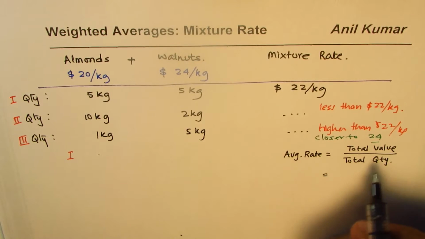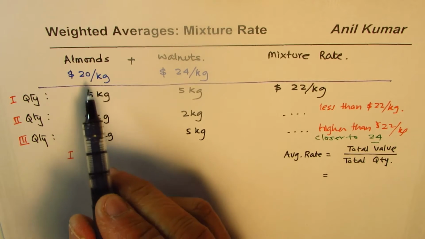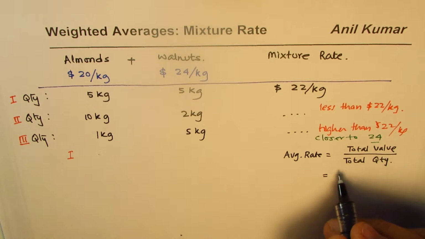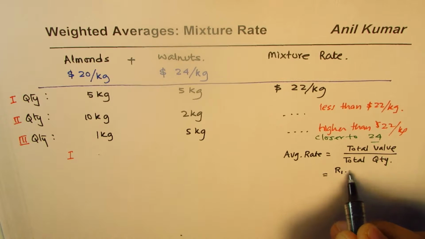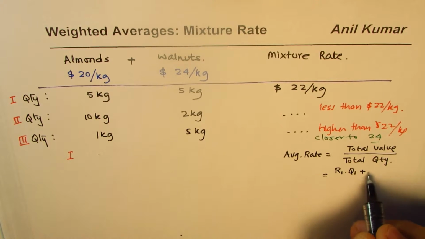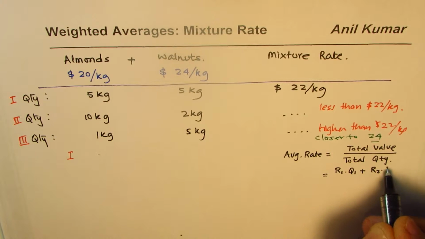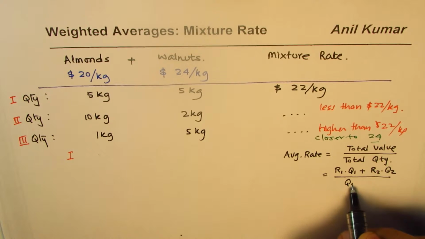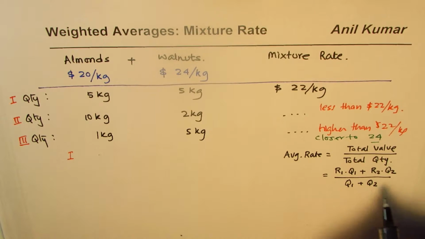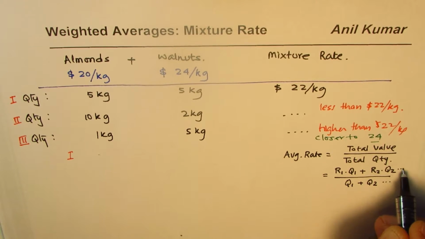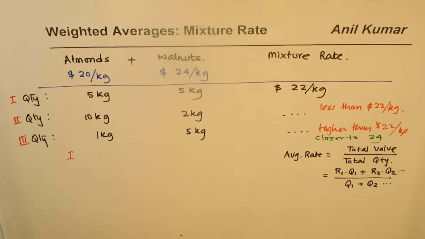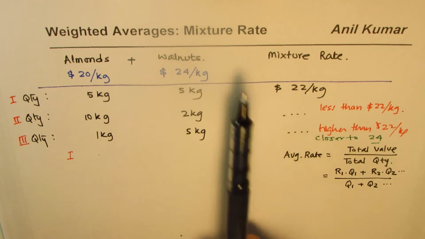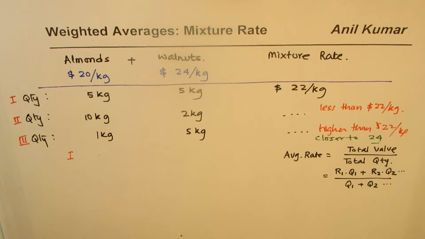You get total value by multiplying rate with quantity. So we say rate of 1 times quantity of 1 plus rate of the second item times quantity of the second item, divided by the sum of quantities of the first and second item. This series can be extended. You can always add more than one item in a mixture, so you can add cranberries or anything else if you want. Okay, let's keep it simple for the time being.